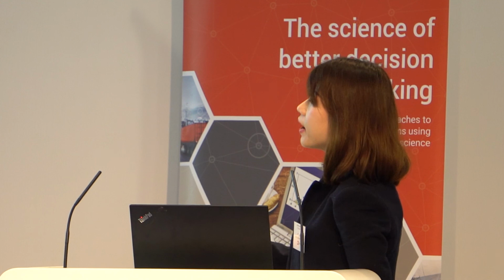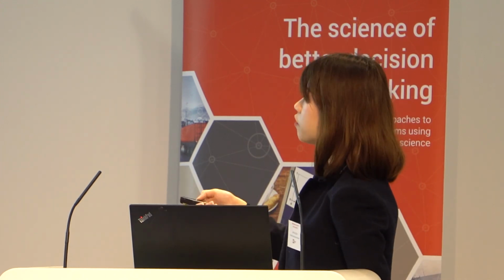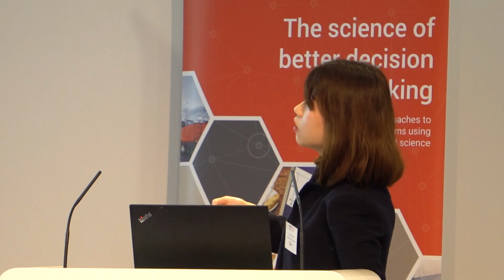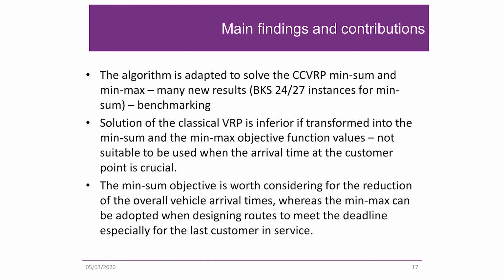And when we compare the min-sum and the min-max version, in terms of managerial decision making, we conclude that the min-sum objective is worth considering for the reduction of the overall vehicle arrival times, whereas the min-max can be adopted when designing routes to meet the deadline, especially for the last customer only.